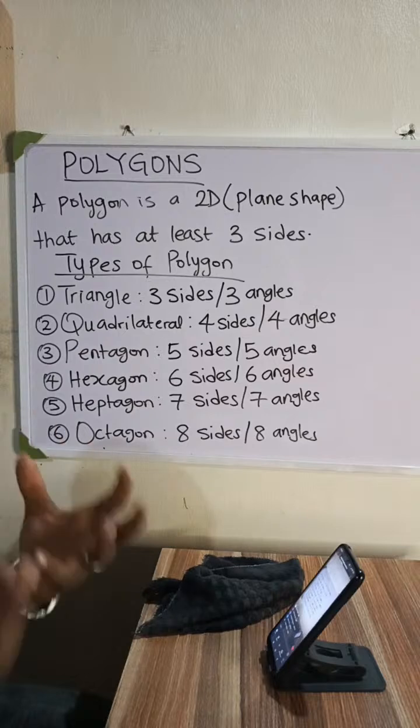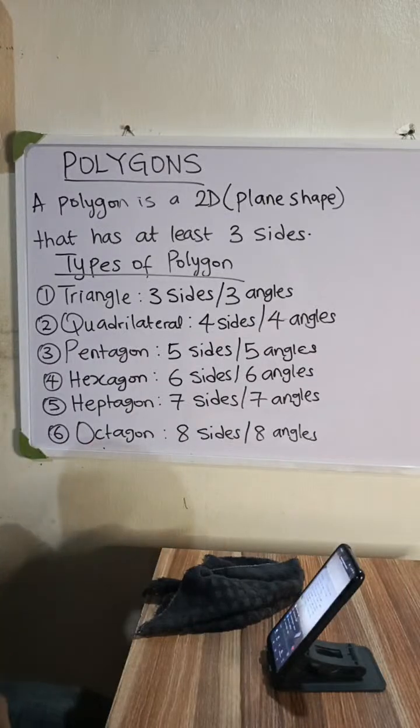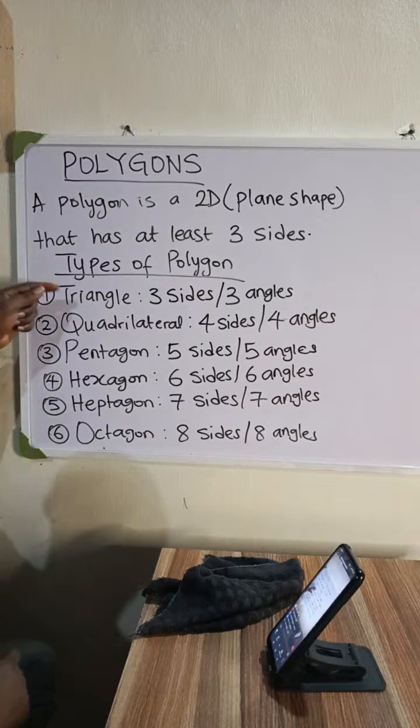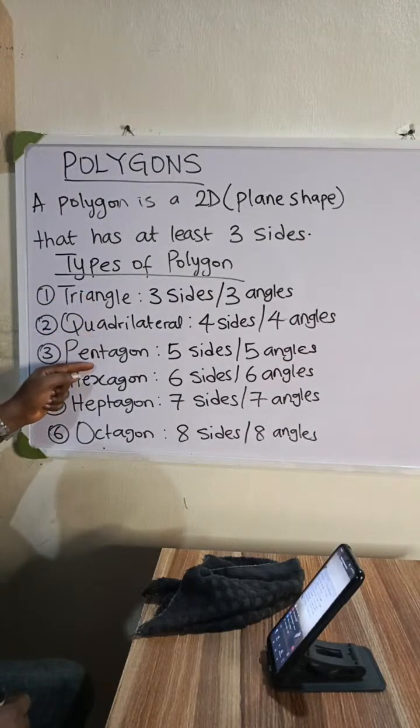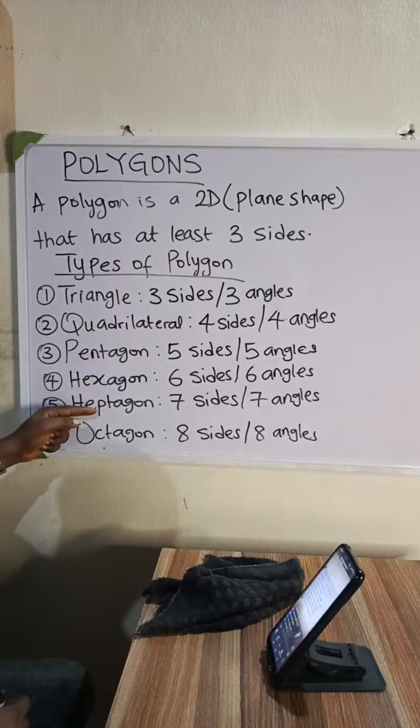If I begin to draw each of them, it will make the class longer than necessary. So we've looked at the first 6: triangle, quadrilateral, pentagon, hexagon, heptagon, and octagon.